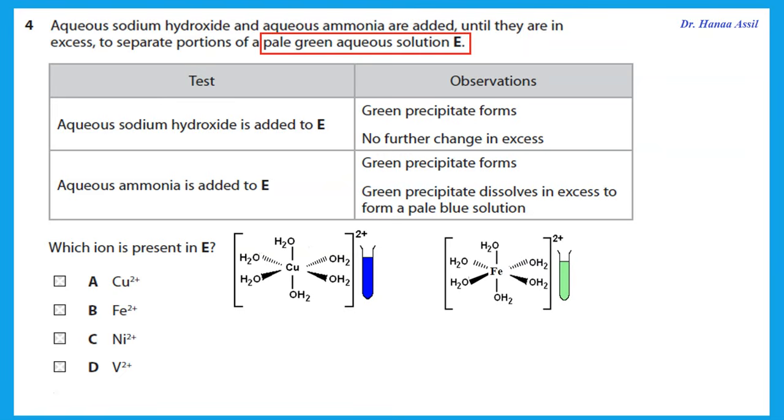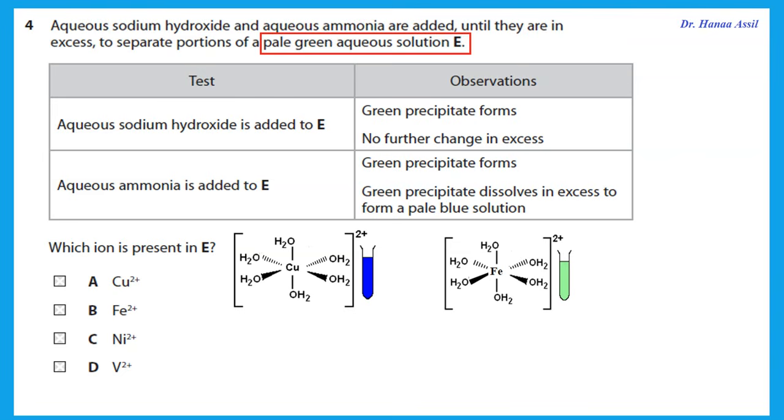Well, iron forms 2+, green solution. So I could be starting with a green solution. And when I add sodium hydroxide, it would give me a green precipitate with no further change. But remember that the iron 2 with ammonia, also the green precipitate does not dissolve. So when the question says green precipitate dissolves to form a pale blue, it's not iron 2.